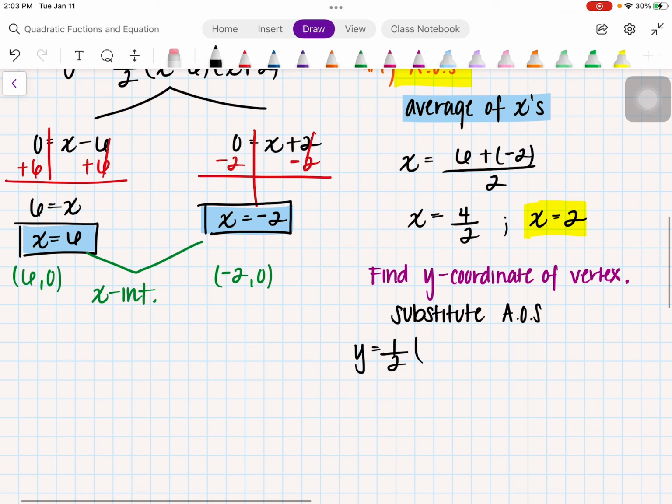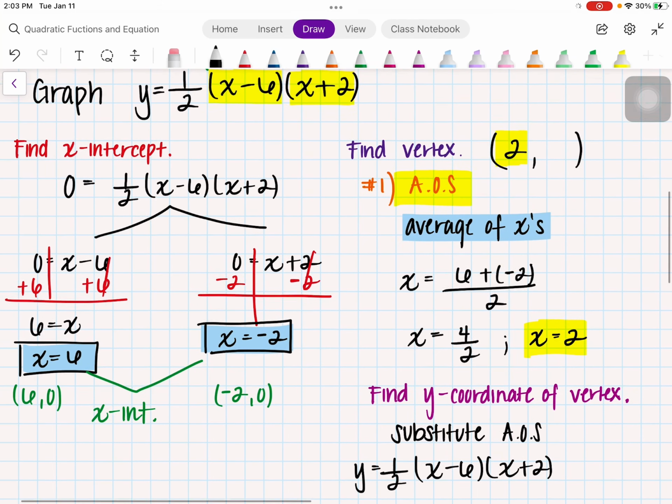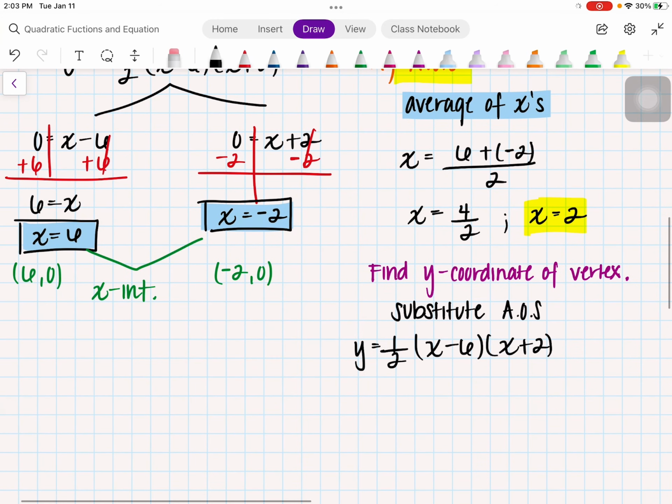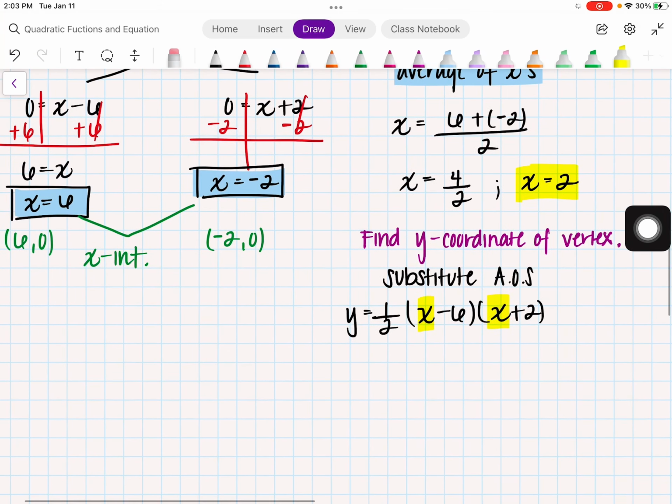It's y equals 1/2 times x minus 6 times x plus 2. All right, and that's what we have there. And wherever I see an x, I will be substituting in the 2. All right, so this is what we get.